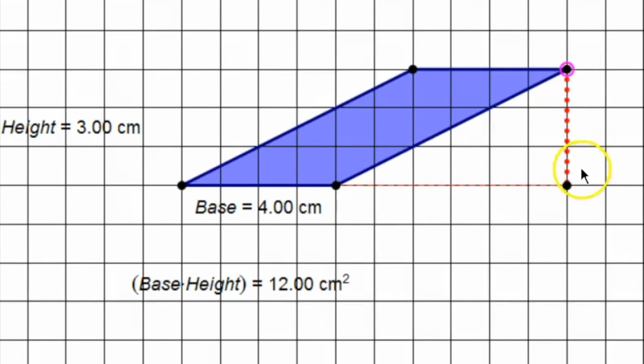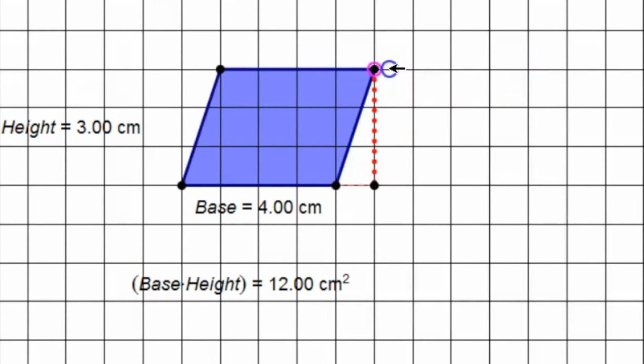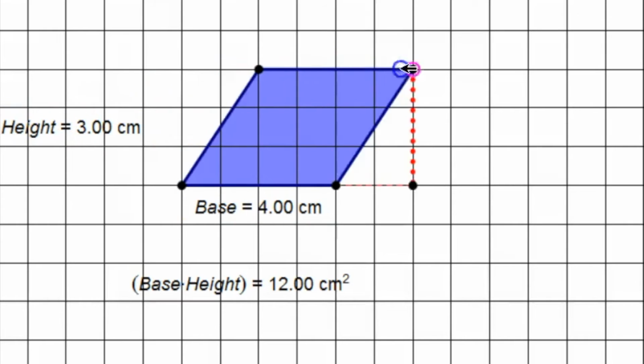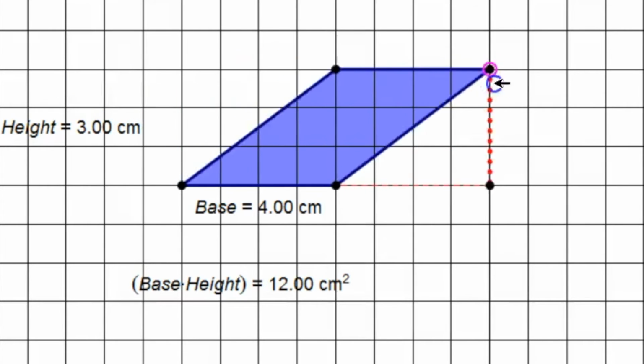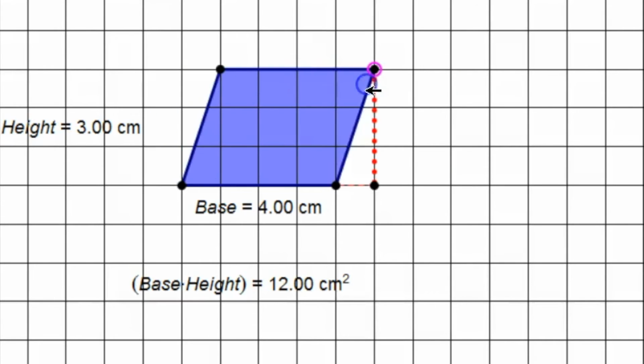So my height still is 3, my base still is 4, so the area is still 12. So this parallelogram has an area of 12, so does this one, so does this one, and so on. And so you can shear it until it's a rectangle, and it's quite easy to see its base times height is 12. So this is a nice way to get an idea of the relationship between shearing and area. If you shear along a parallel manner, you maintain the same area.